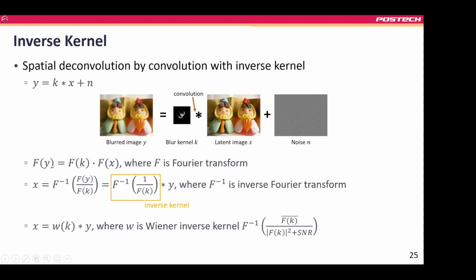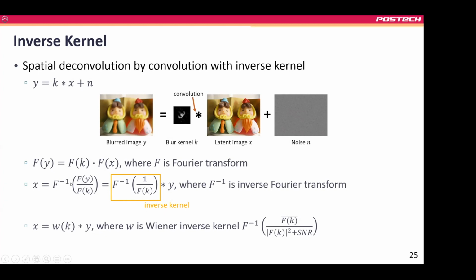Here we want to obtain x, and by manipulating this equation a little bit, we get this. We move this term here, and then apply the inverse Fourier transform, we get this. Then we can take out this part, and eventually we get this.